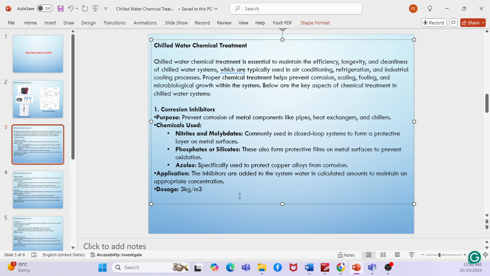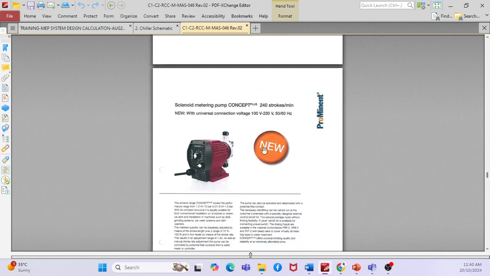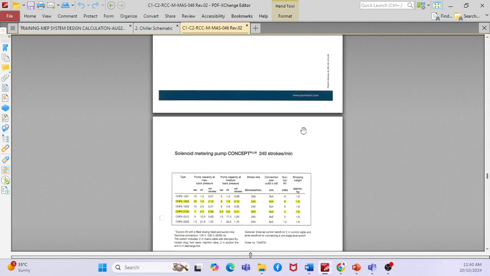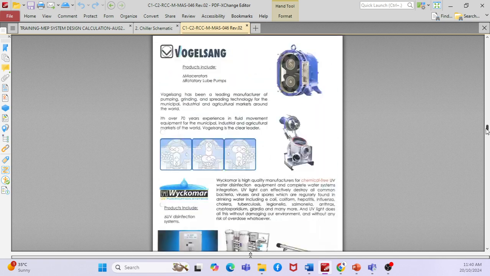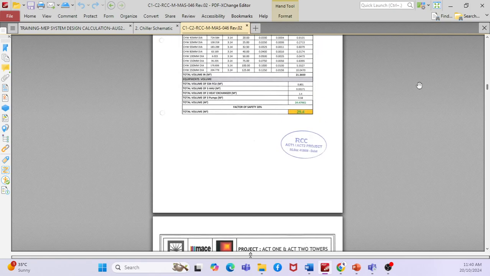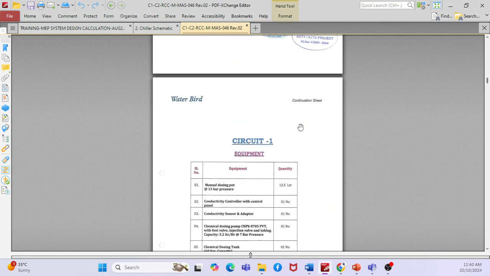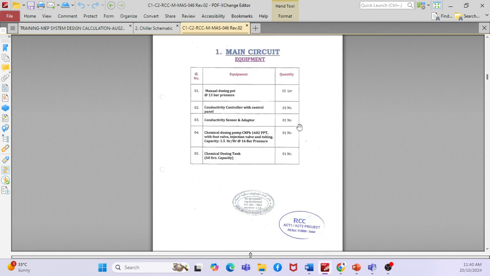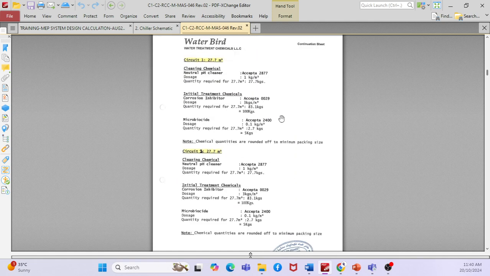If you go to the manufacturer, I can show you some catalogs from different manufacturers. This is one of the material submittals. If you go to one of the manufacturers, you can see the chemicals.